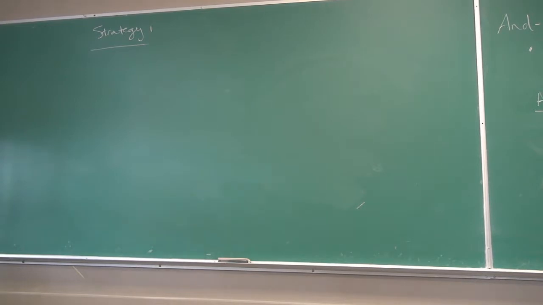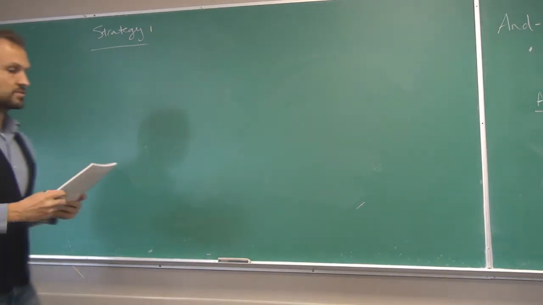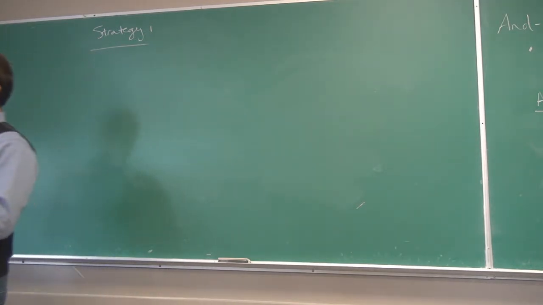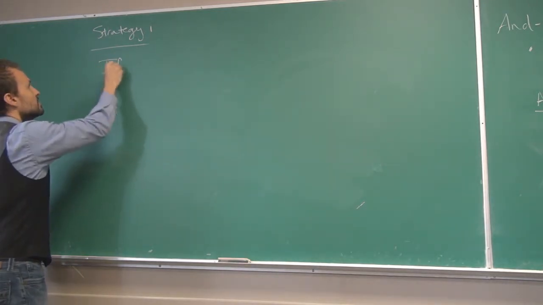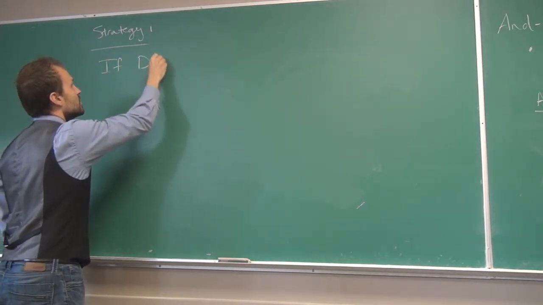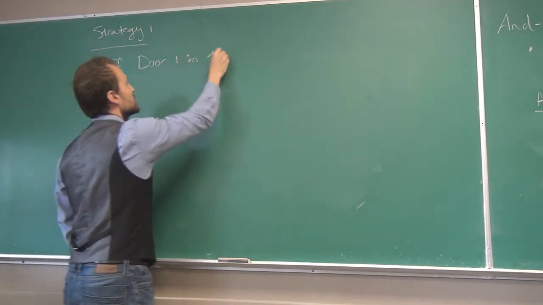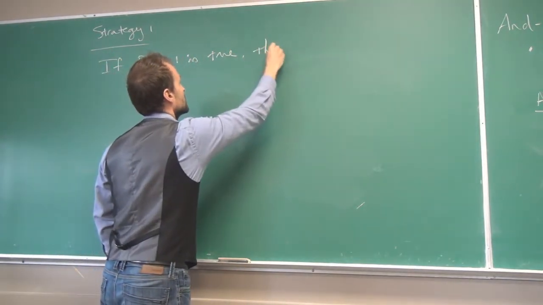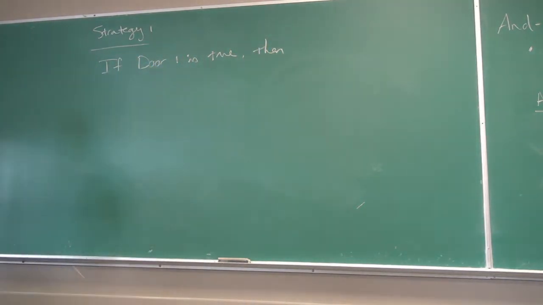So I have what the doors are saying. I have the signs on the doors there at the top of the next page after 2.3. One is I could say, well, if door 1 is true, then what can we say with certainty?